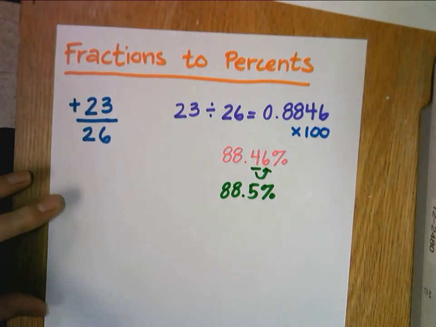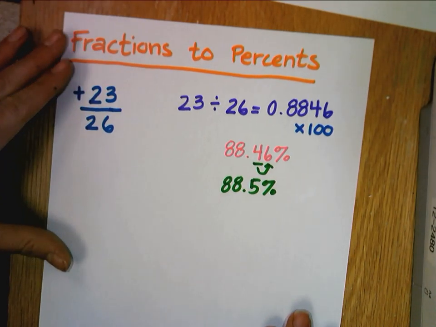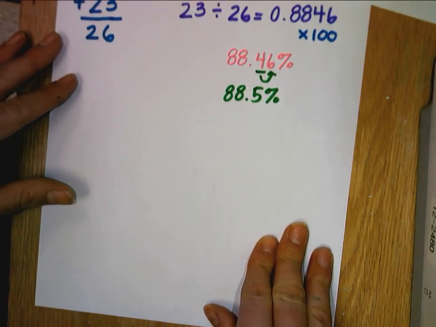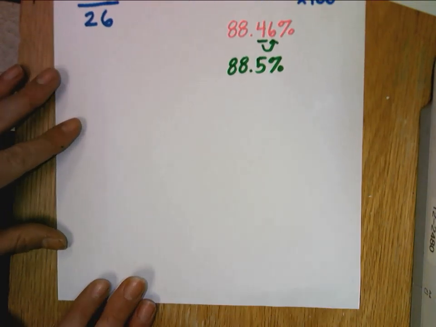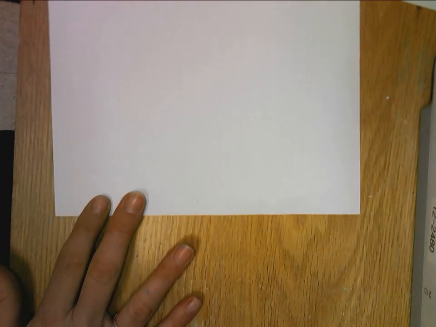Let's do another example just to make sure that you have the hang of things. How about we take a look at if we had, instead of a quiz, our new fraction is going to be talking about boys in a classroom.